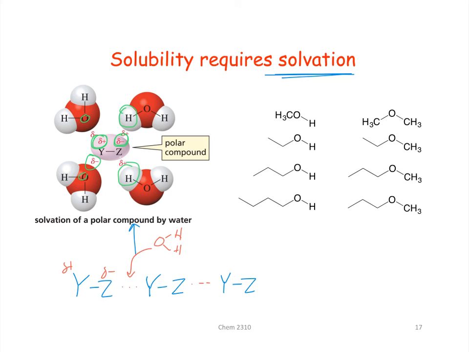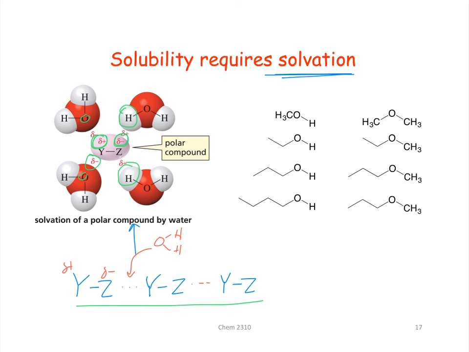In this way, these dipolar interactions, these hydrogen-bond types of interactions, are giving back more energy, making this a more stable situation than these types of interactions right here. So in this case, this molecule would be very soluble.